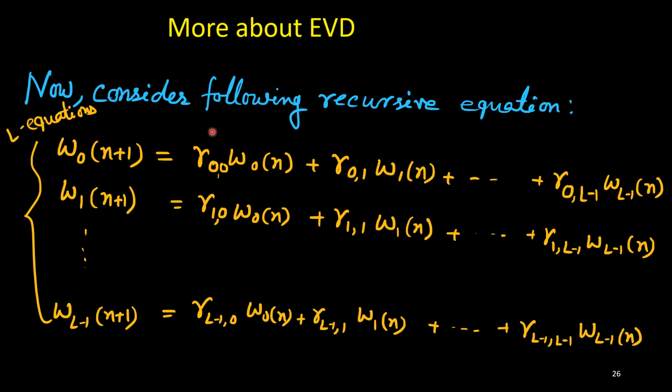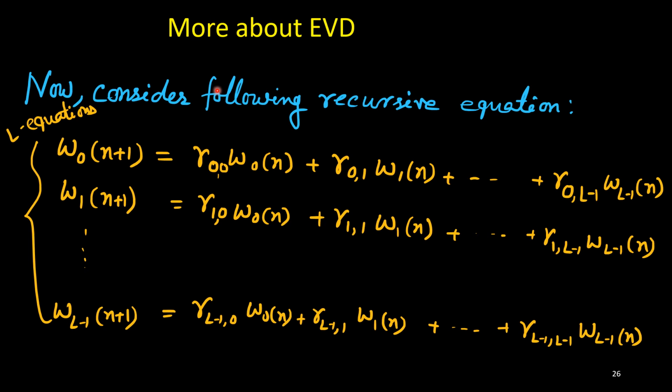This is a linear equation, and W0 n plus 1 depends on previous values of W0n, W1n, WL minus 1 n, all of them, in a linear combination. Similarly the second equation and the last equation, all the L equations depend on each other.